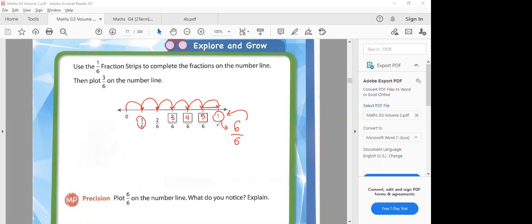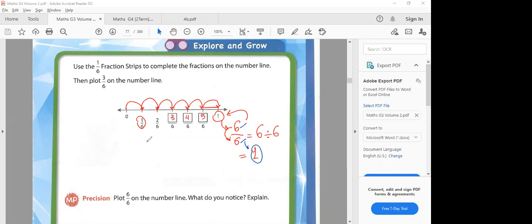How? We said that this is 6 over 6. It can be written like this, or you can write it like 6 divided by 6. So 6 divided by 6, you know that it will be 1. So any fraction with the same number up and down will be equal to 1.